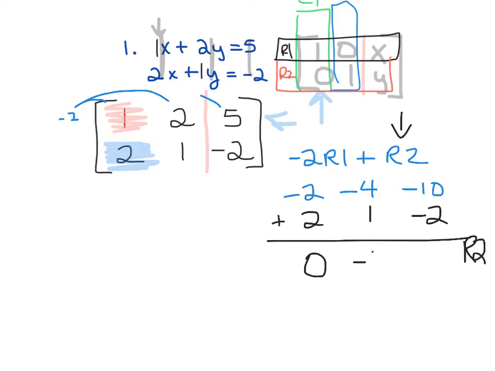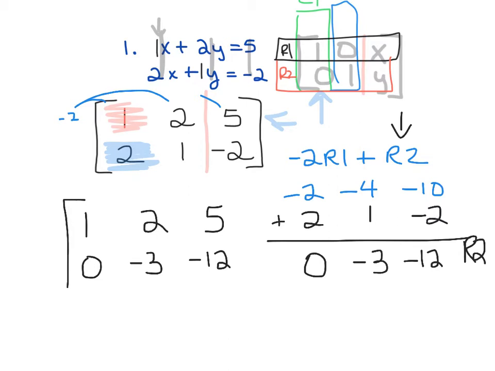So 0, -3, -12. Even though I multiplied row 1 by -2, it does not change. It is staying. My new row 2 is now 0, -3, and -12.